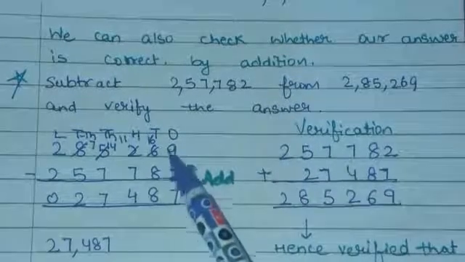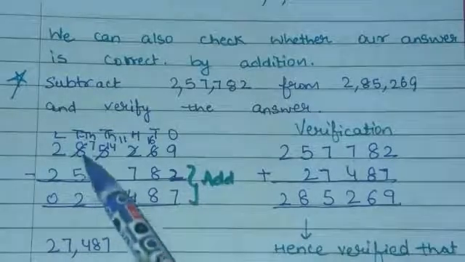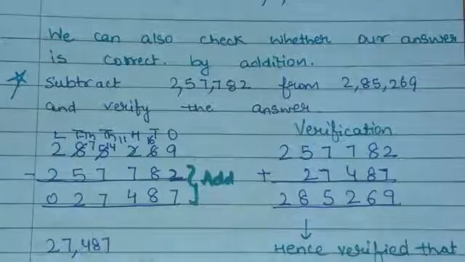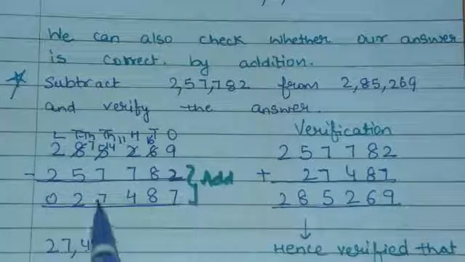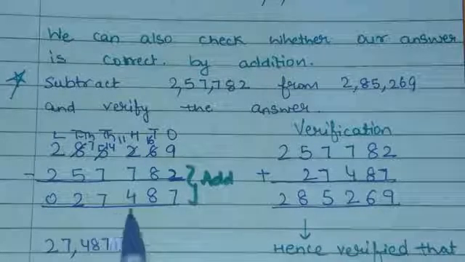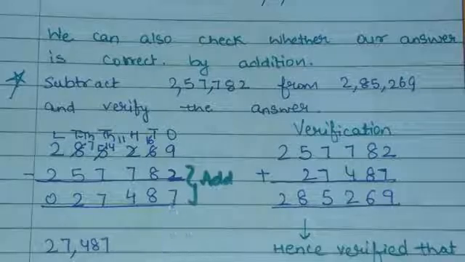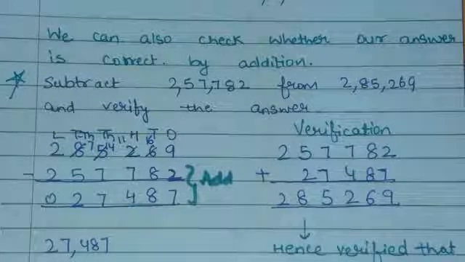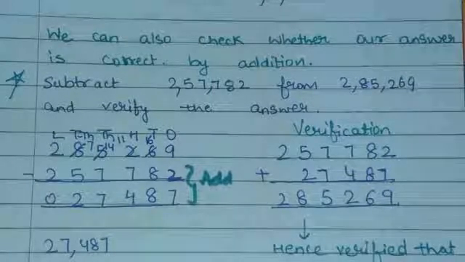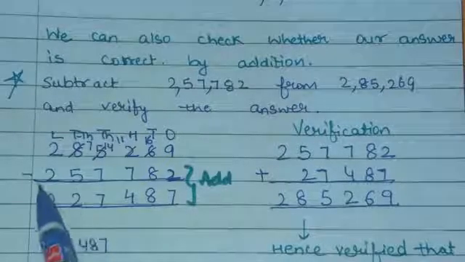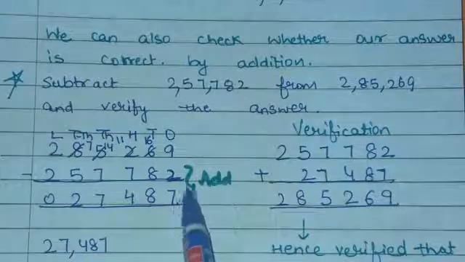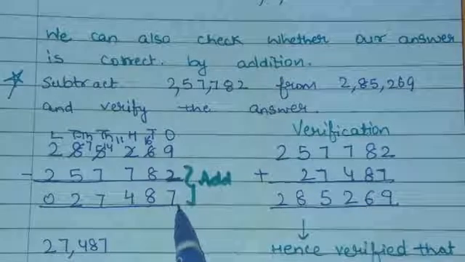So now first of all we have done the simple subtraction and we got 27,487. Now how can we see whether our answer is correct or not? Yes, we will add these two numbers.